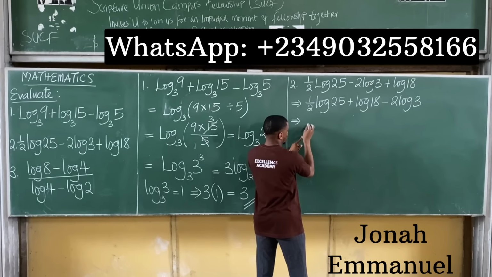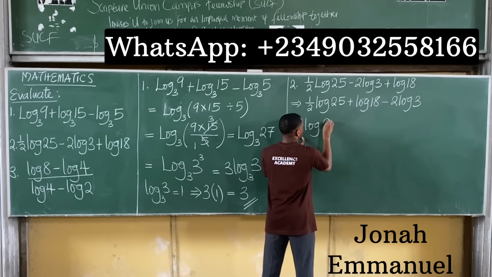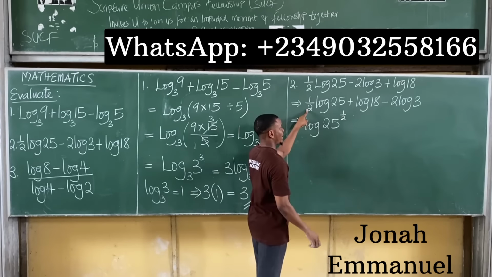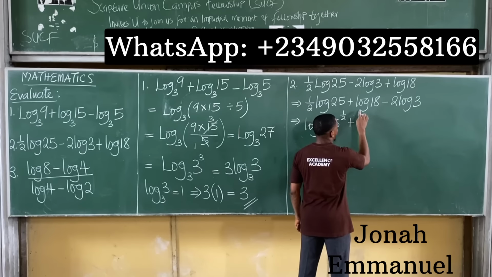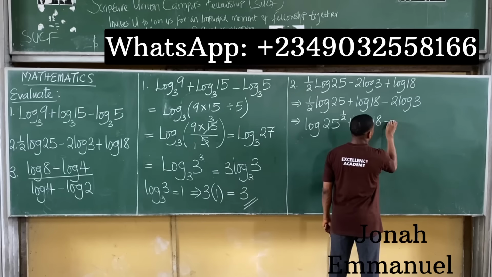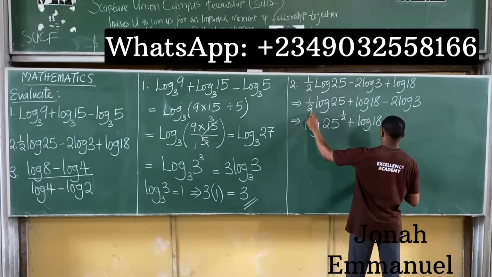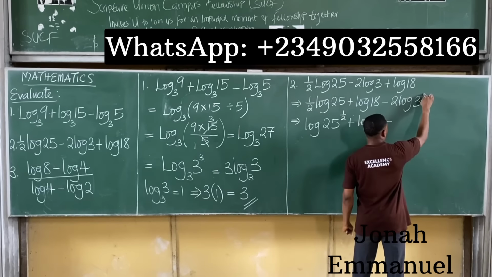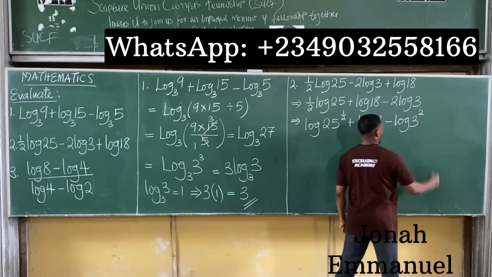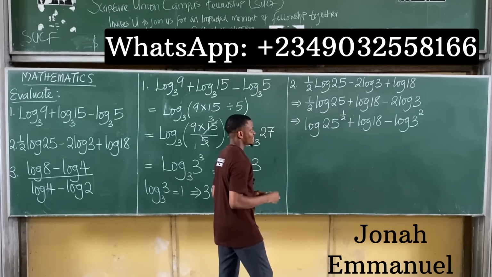So I'll have log 25 with 1 over 2 as the power, plus log 18 minus, of course, just as we have here, these two can come up as the index. So I'm having log 3 to power 2.